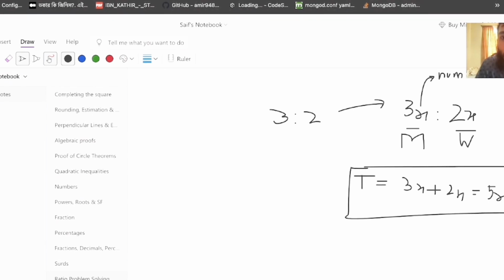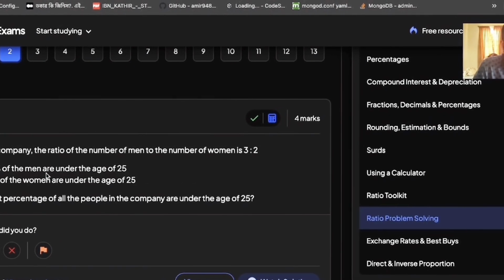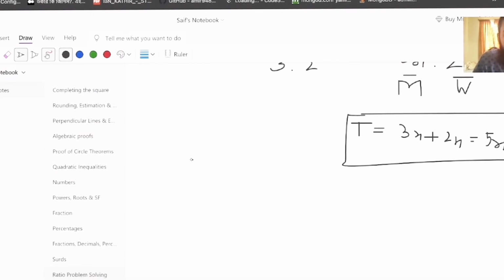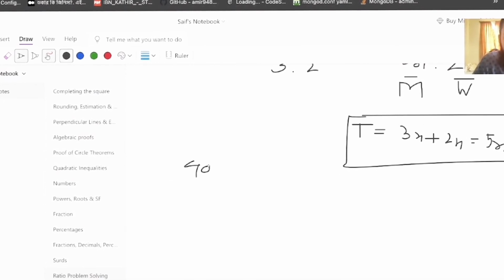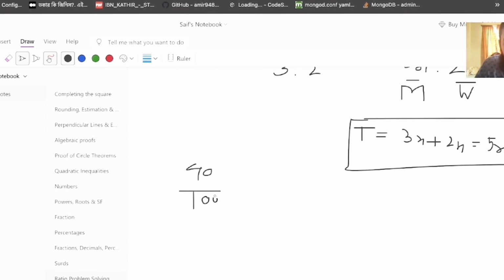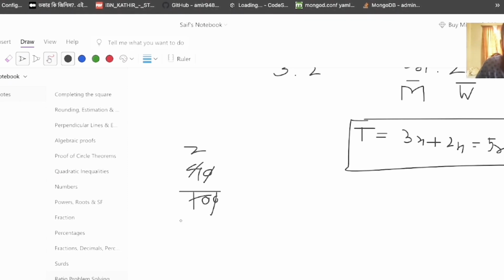Okay. So 40% of the men are under the age of 25. So what is 40%? 40% is 40 by 100, or I can also write 4 by 10 or 2 by 5. So 2/5 of the men.